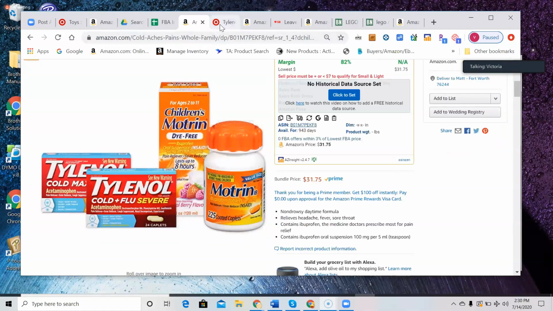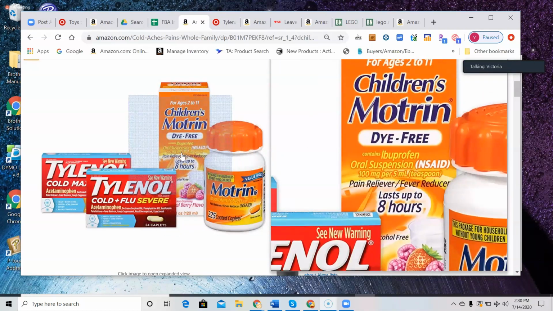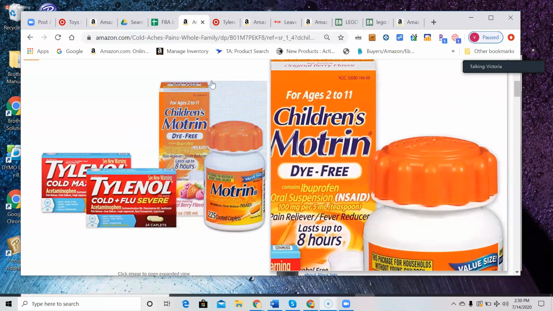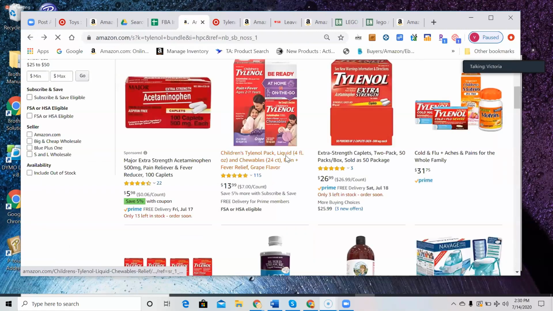So you would just go to Target and type in Motrin, children's Motrin for $2.25. And even though if you're not ungated for that particular listing, if you can't sell Motrin, I wouldn't recommend selling a bundle that has Motrin in it, just to avoid some issues because they're not always coded right.